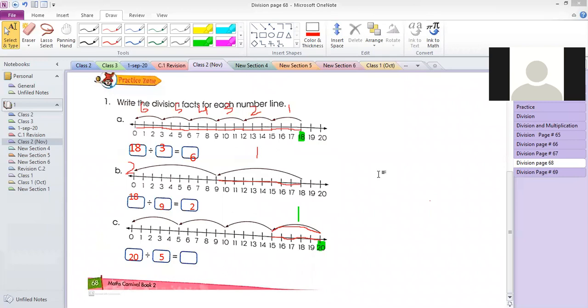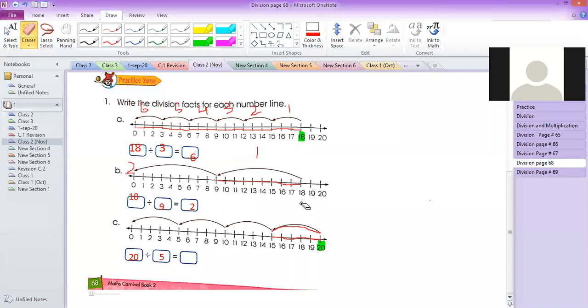So 20 divided by 5 equals 4 because you take 4 steps. I will show you how. Look. 1, 2, 3, 4, 5. You're counting back in fives. That's why you divide by 5. This is the first step. Again, count back in fives: 1, 2, 3, 4, 5. This is 2.